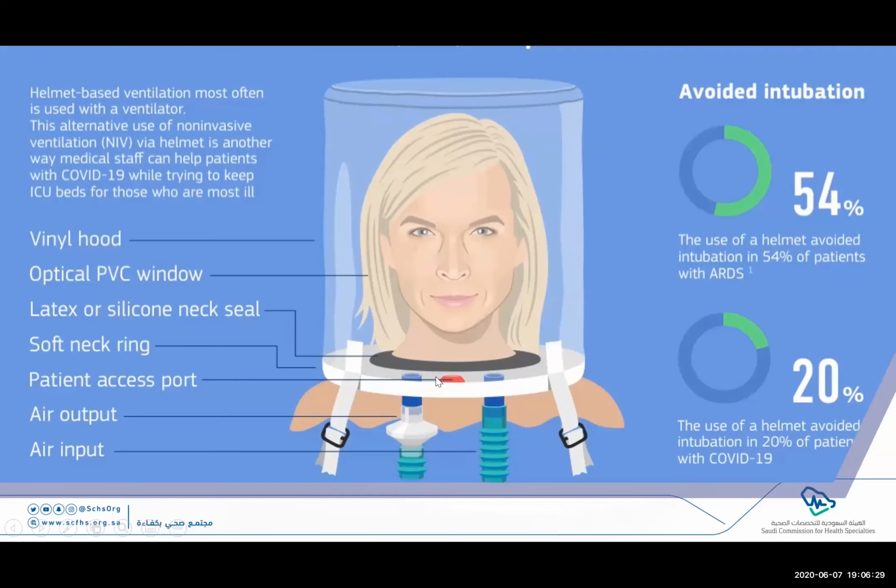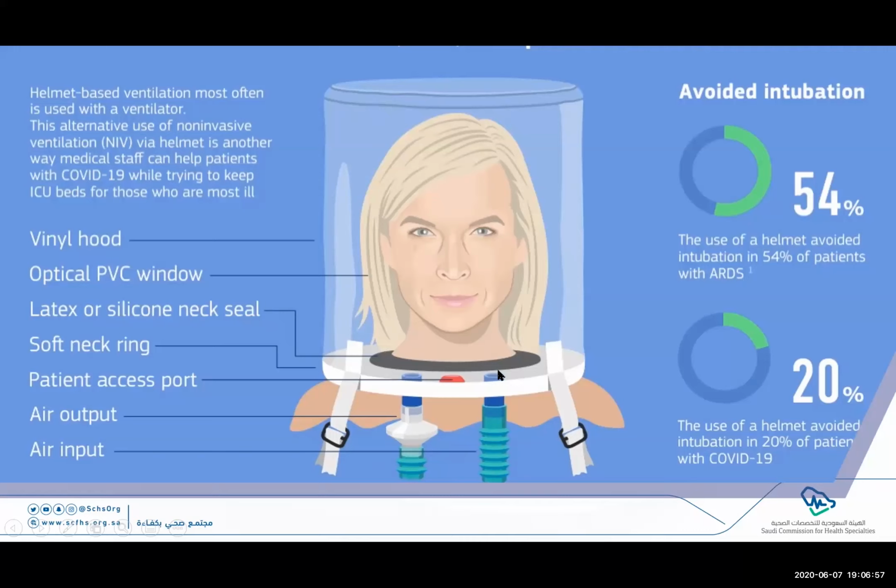I'll take you to this diagram to explain a little bit the components of the helmet. As you can see, and as we mentioned earlier, it's basically composed of a vinyl hood that constitutes a 360 transparent window around the patient, and a latex or silicone neck seal. And there are two ports in here for air.